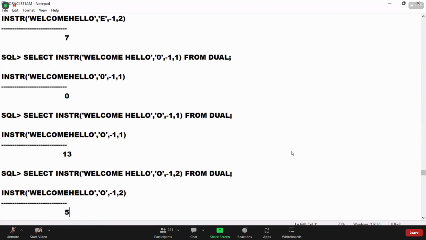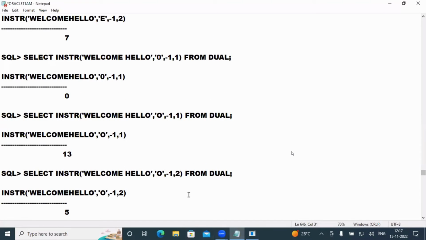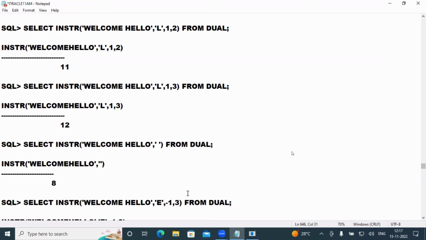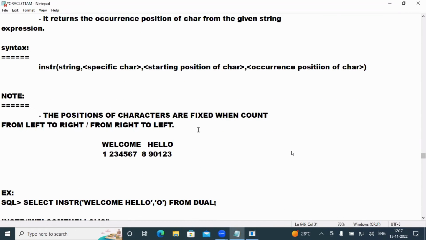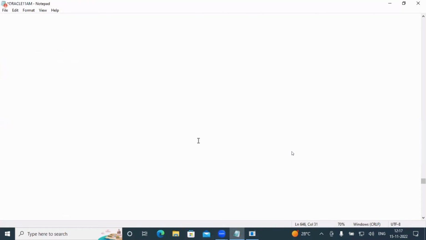Once you practice these, these are what we call string functions. So the string function category is finished here.